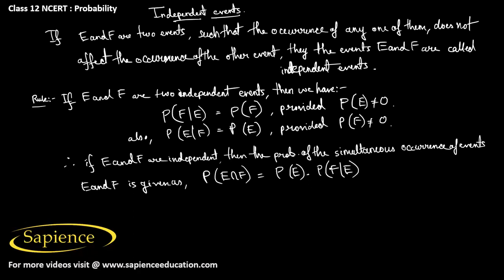So if they are independent, then the probability of F given E will be the same as P of F. So this can be written as P of E times P of F, simply. Okay.